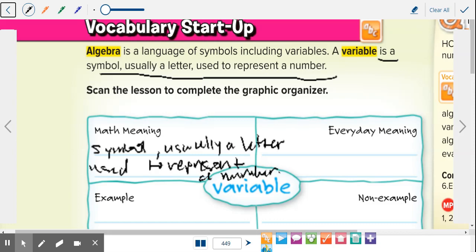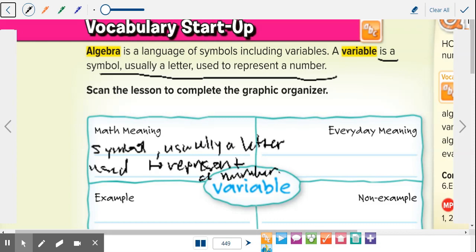Now, does anybody know the everyday meaning? So outside of math, what does variable mean? Think about it. If you broke variable down, what word is in variable? Does anybody have an idea? It's a 4-letter word. Layla? Able, yes. That would be part. I'm thinking more towards the front. Vary. What does it mean to vary?